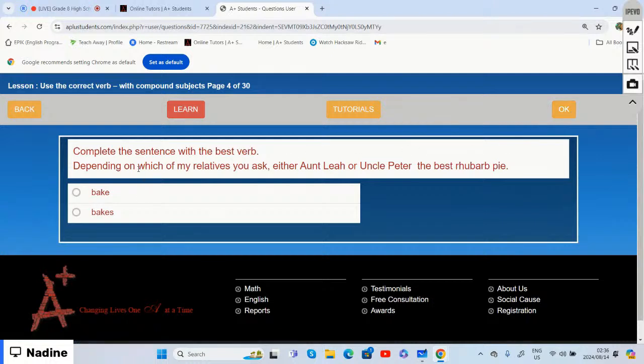All right, the next one says we need to complete the sentence with the base verb. Depending on which of my relatives you ask, either Aunt Leah or Uncle Peter, meaning it's either one of them. Do we say bake the best rhubarb pie or bakes the best rhubarb pie?